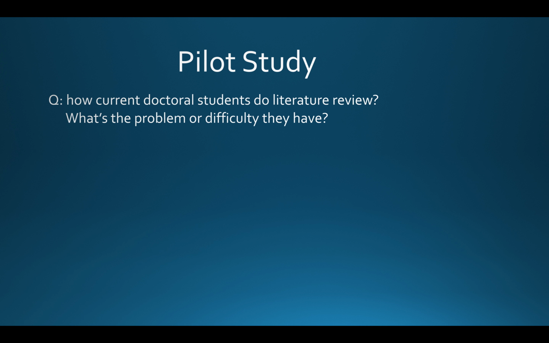What are the problems or difficulties they have? Probably they prefer my way of doing research, or they don't. Through interviewing them, I can collect some feedback so as to better develop my prototype.